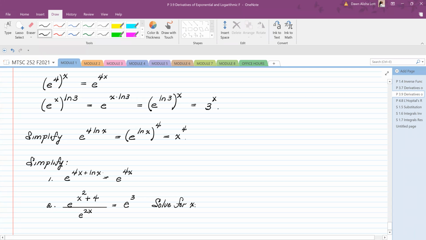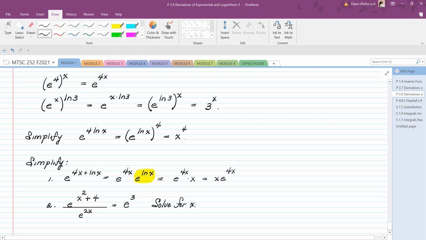So it would be e to the 4x times e to the natural log of x. Which would equal... What is this term? Wouldn't that just change to x? Yes. So e to the 4x times x.